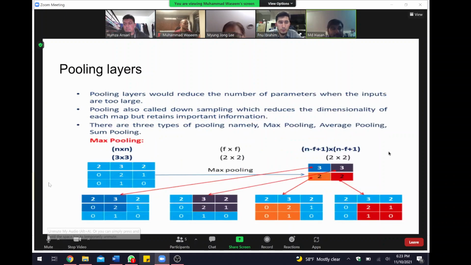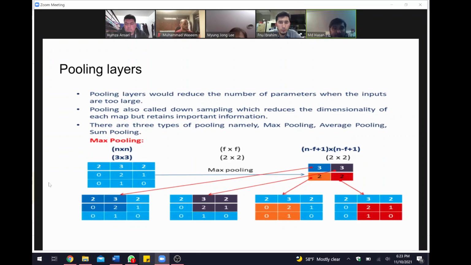Awesome. So the pooling layer. The pooling layer reduces the number of parameters when the input is too large, which is what you were talking about right now. Pooling is also called down sampling, which reduces the dimension of each map but retains the important information. There are 3 types of pooling: max pooling, average pooling, and sum pooling.